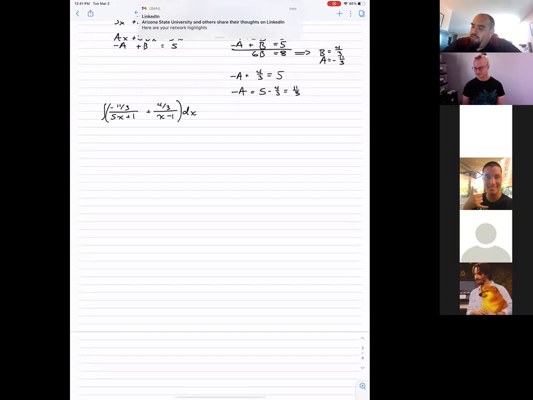So what is the antiderivative of that left term? Actually, looking at this, I would simplify it first by pulling out a 1/3. Oh yeah, that's a good idea. So this equals 1/3 times the integral of negative 11.